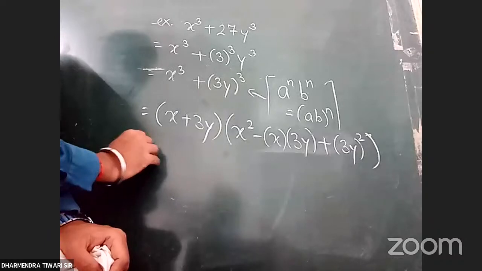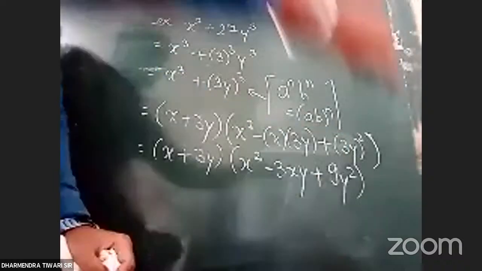So x plus 3y, and this is x square minus 3xy plus 3 square is 9y square.